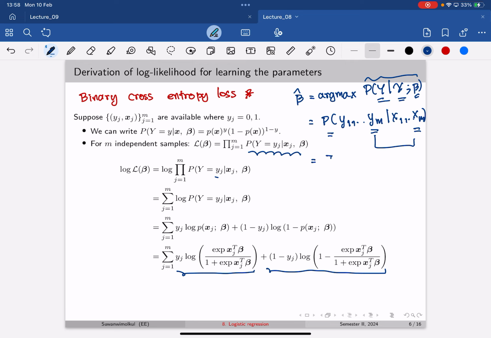So that means that we can write the joint distribution as the product of the distributions, like that. And I still forgot the parameters, so we put the parameters here. So that becomes this equation.